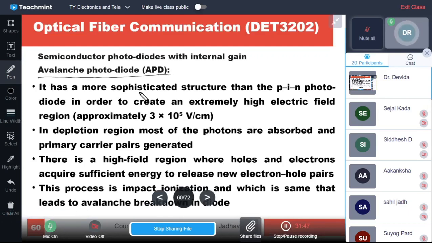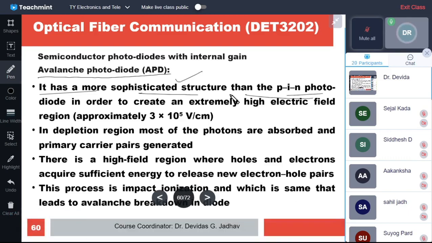and now the avalanche photodiode, APD, has a more sophisticated structure than the PIN photodiode, because in the PIN photodiode the depletion region and intrinsic region are the same. Here in APD the depletion region is across the junction, which is very short, and the intrinsic region is very wide, generated separately in continuation with the depletion region.